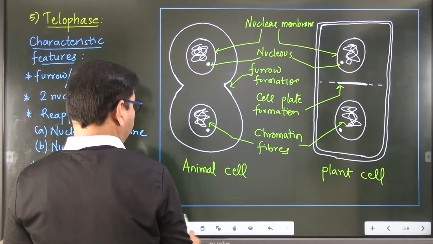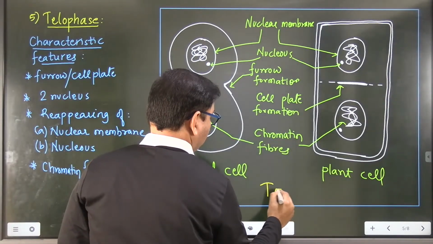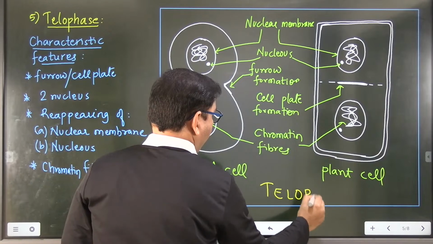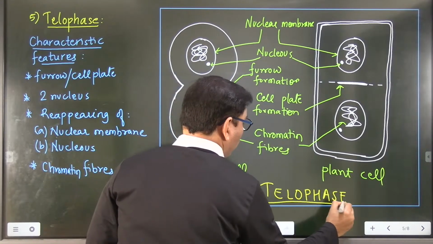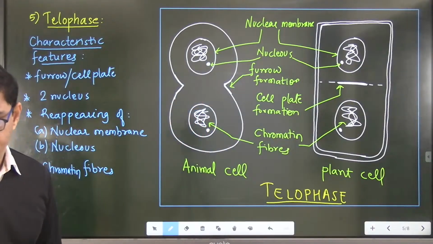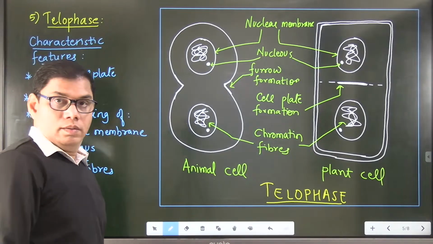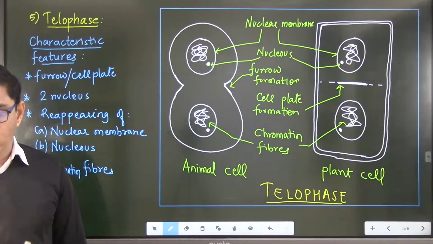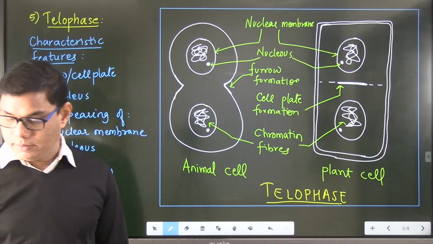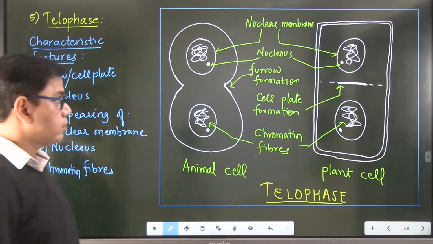And the title, which is telophase. You can use a pen to write your title. I would love to see diagrams drawn by you, so please send me the diagram after the class. How to send, I'll let you know.